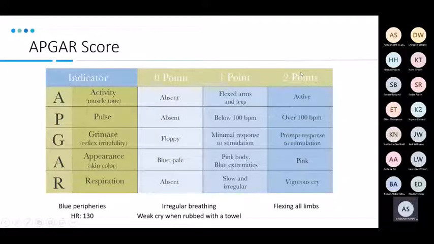Remembering what your 2 points are: it's an active, crying baby, that's obviously pink with a normal heart rate, and it's responding to your stimuli, like when you're rubbing it with a towel. That will give you your 2 points max. And then it said if it's only got blue peripheries, is that not 1 point?